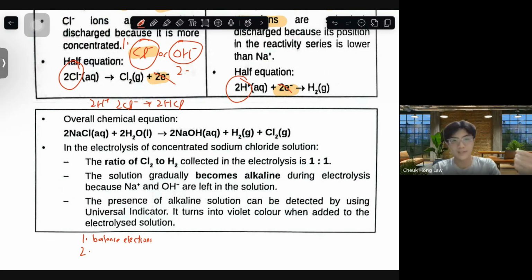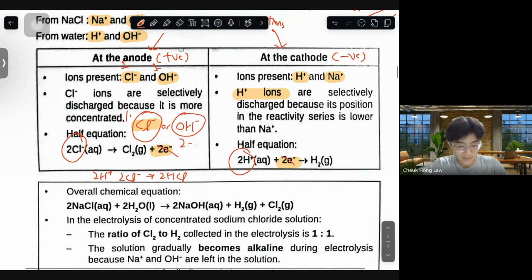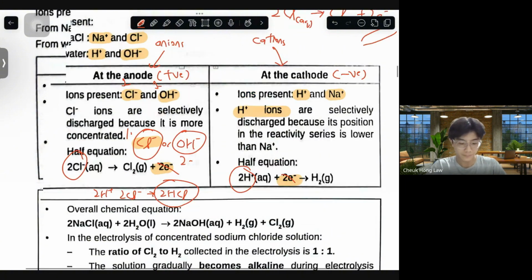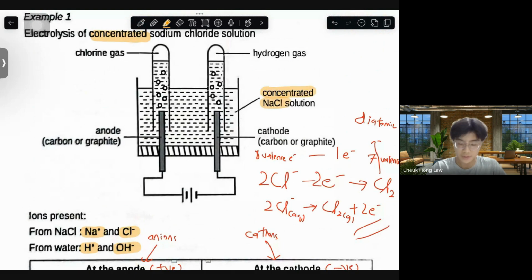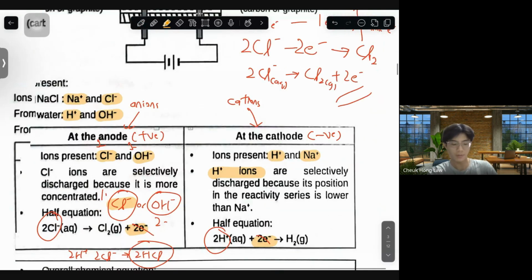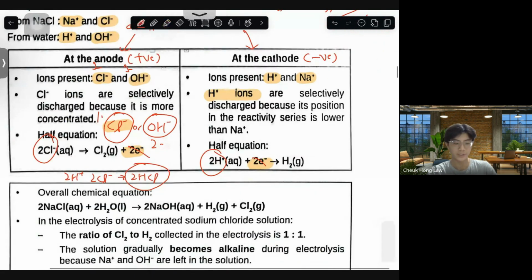But let's use common sense here. Does it make sense that we started off with 2HCl? Does it make sense that 2HCl should be at the start on the left-hand side of the equation? Remember, we start with concentrated sodium chloride solution. So why out of nowhere we have 2HCl? Cannot be, right?